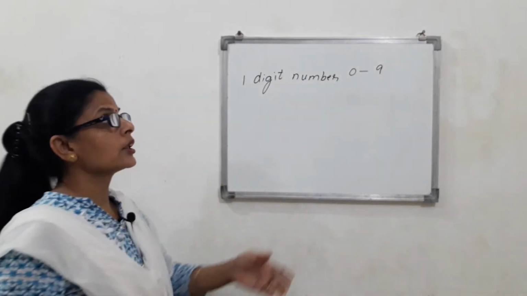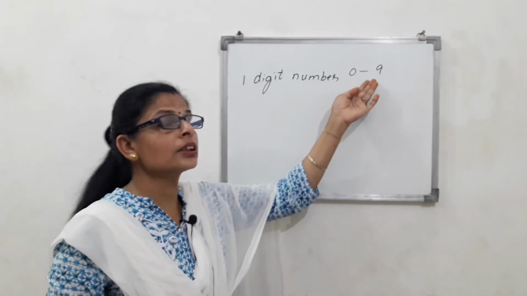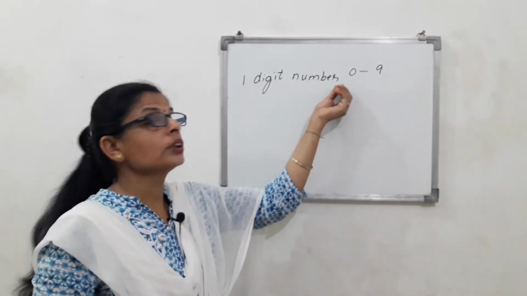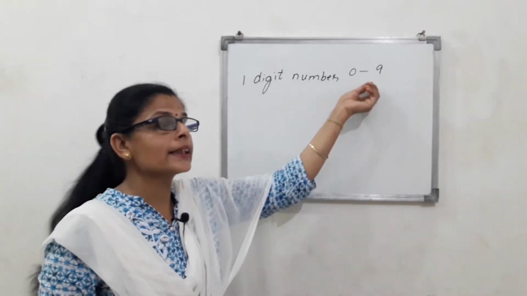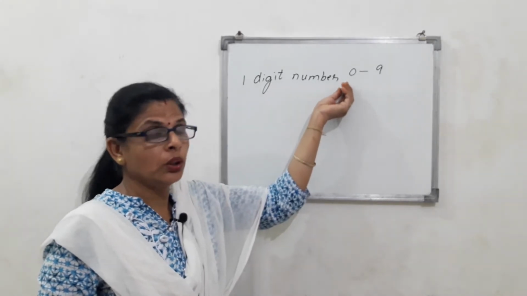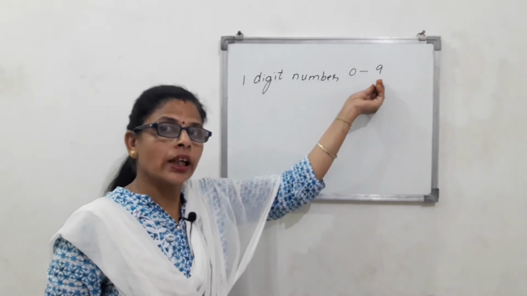The smallest 1-digit number is 0 and the largest 1-digit number is 9, because 1-digit numbers start from 0 and end at 9.